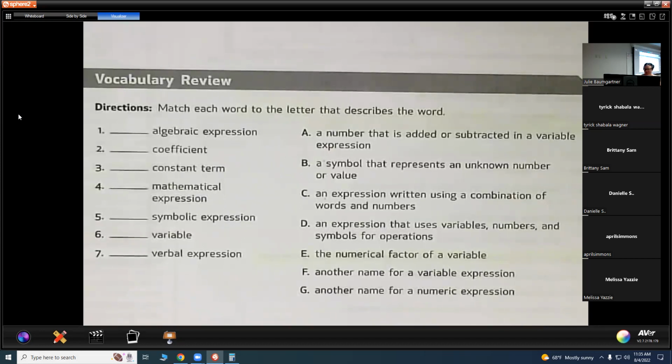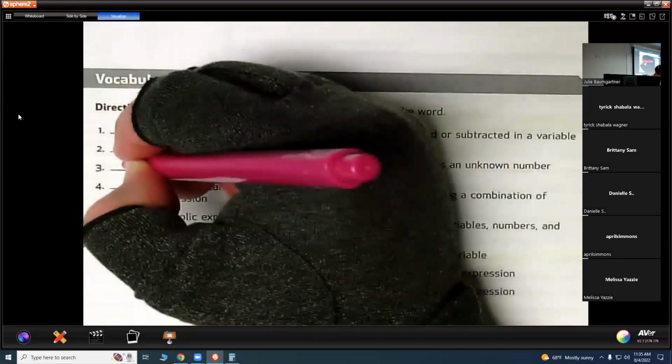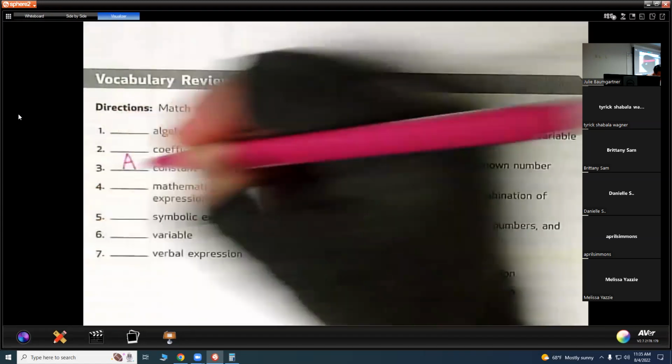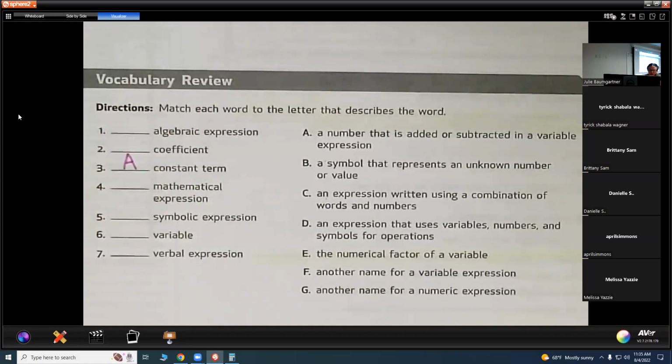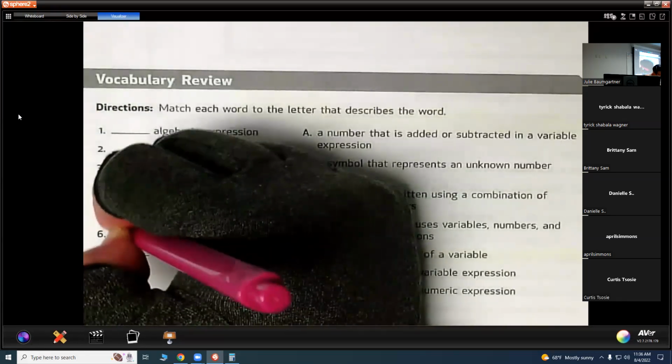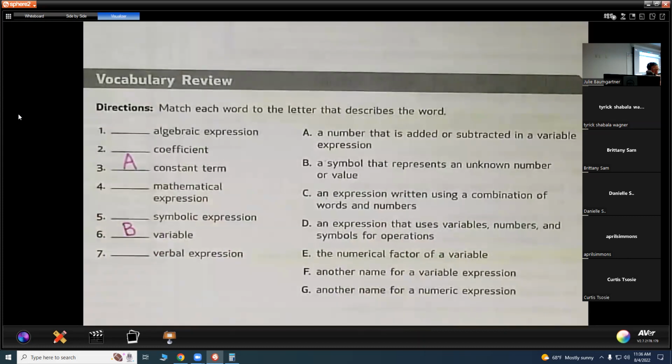All right, did everyone get these matched up? Hopefully. So a number that is added or subtracted in a variable expression is what we call the constant term. The constant is always whatever's hanging out there, okay? B, a symbol that represents an unknown number or value is a variable, number 6.